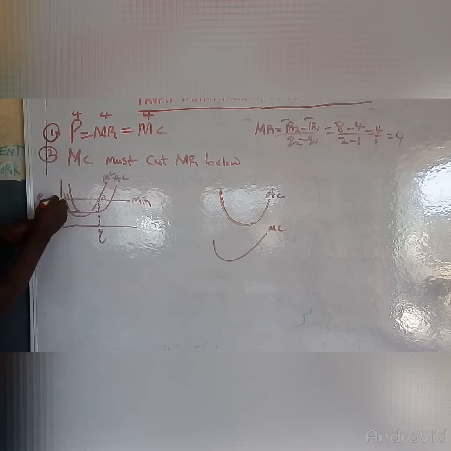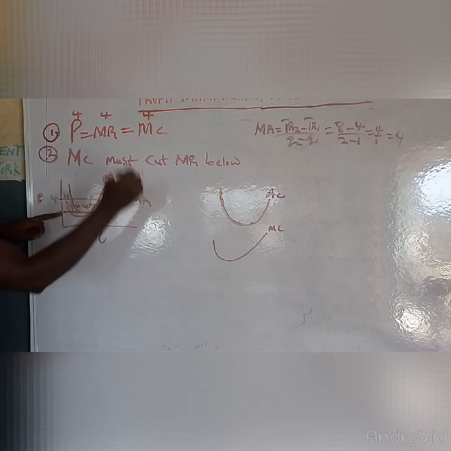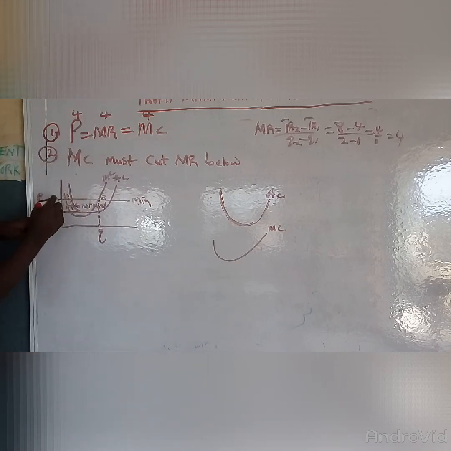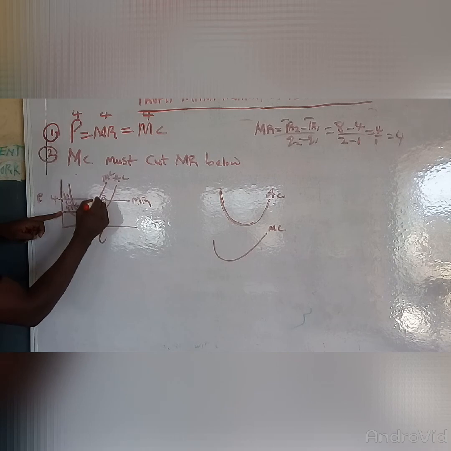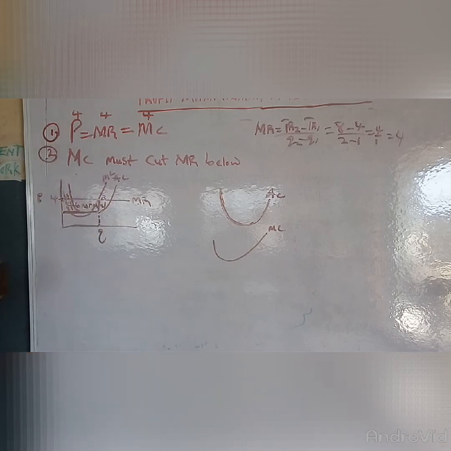So from this point to this point, to this point, to this point, that is where your abnormal profit falls. That's where your abnormal profit falls, from this rectangular shape. Let me use figures now.